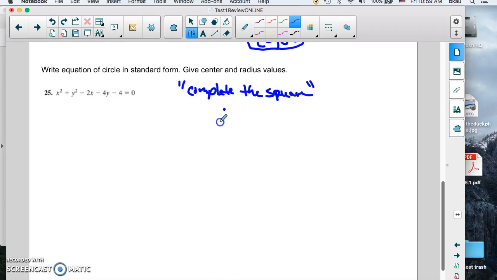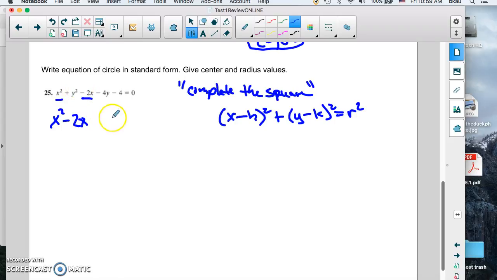The form we want is x minus h squared plus y minus k squared equals r squared. That's the standard form of an equation.